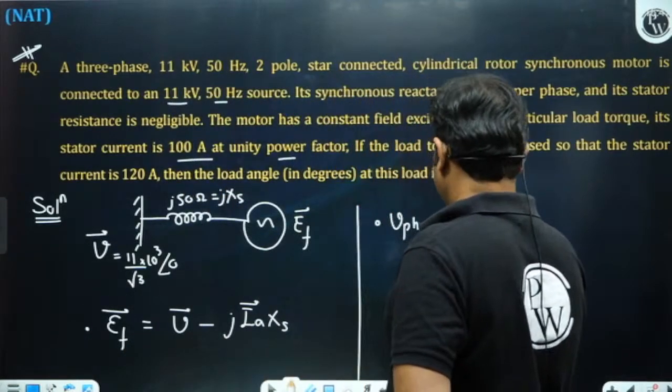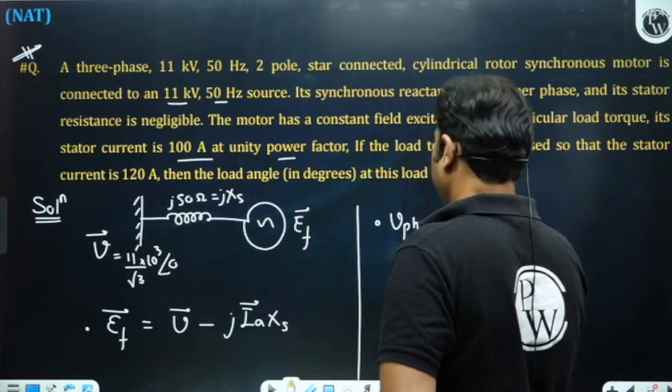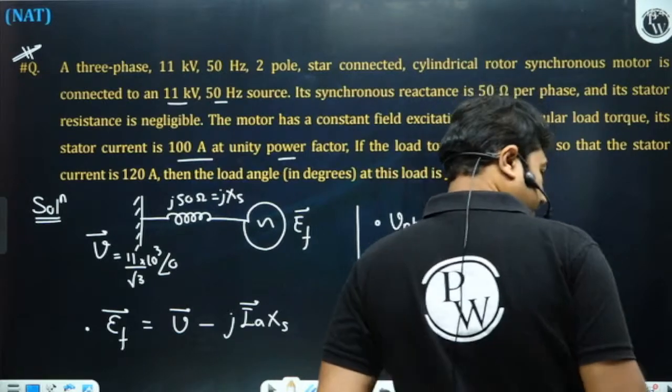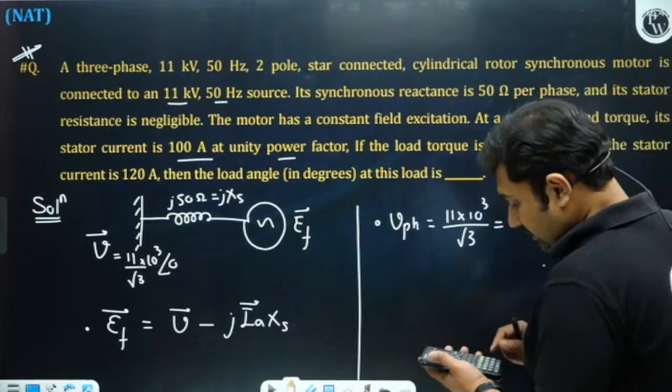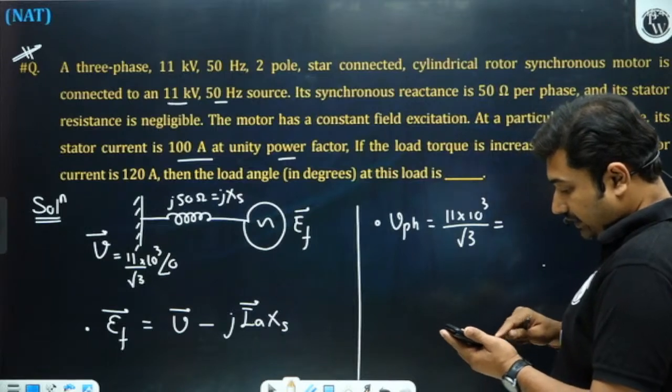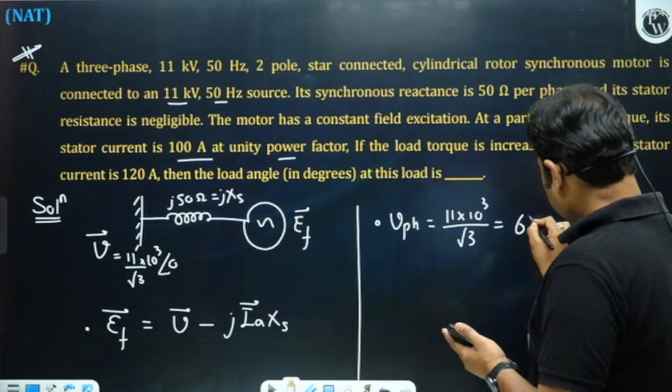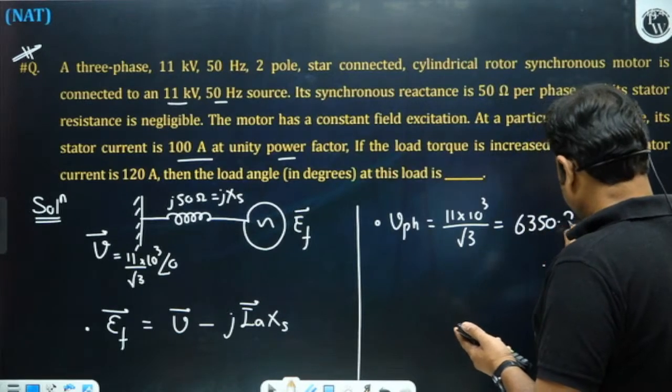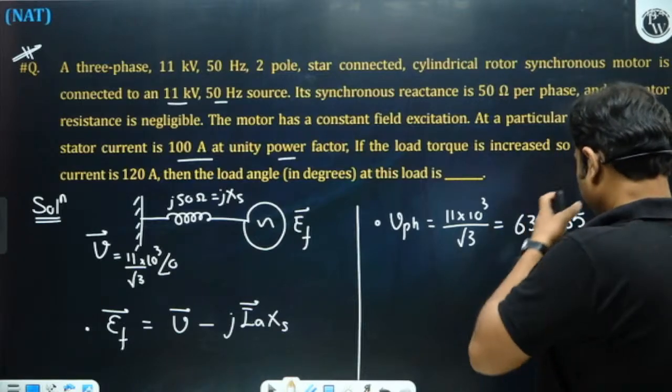Per phase voltage is 11 into 10 to the power 3 by root 3. Per phase voltage will become 11,000 by root 3, 6350.85 volts.